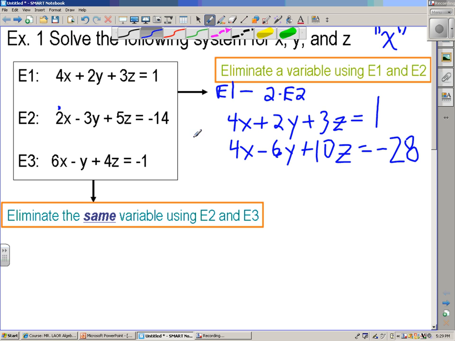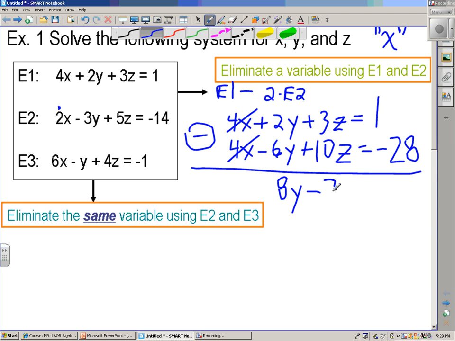Now we'll subtract the two equations. You can see that the x's cancel out. 2 minus a negative 6 is a positive 8y. 3 minus 10 gives me negative 7z. And 1 minus a negative 28 is 29.